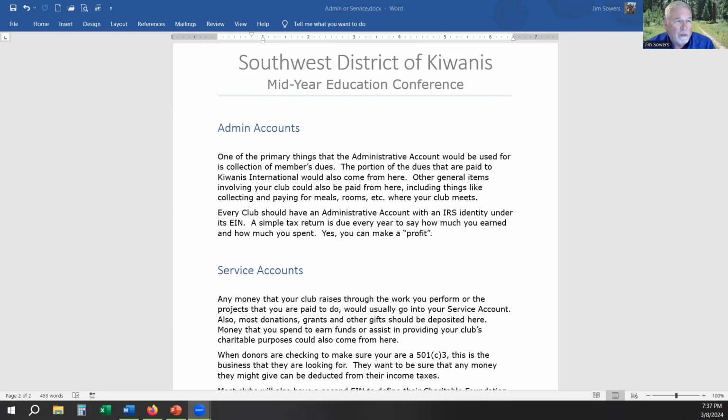But if you don't exceed some rather large thresholds, most of the clubs here in the Southwest District can do the one-page short form, maybe even online these days, to just get it done. It's still an obligation for you to do that.